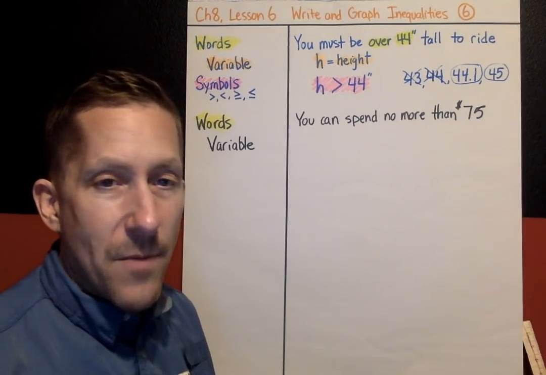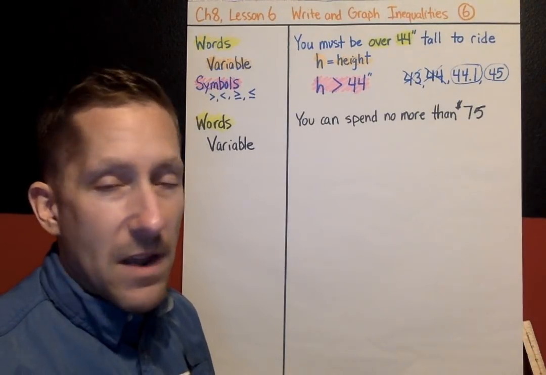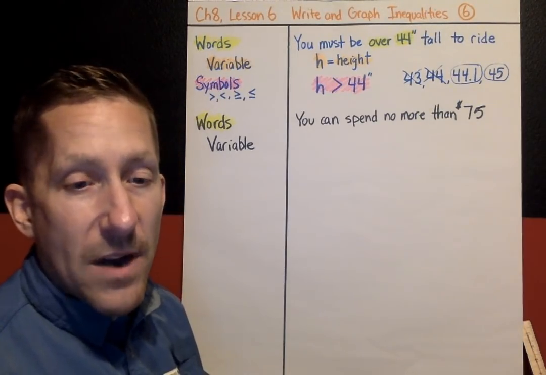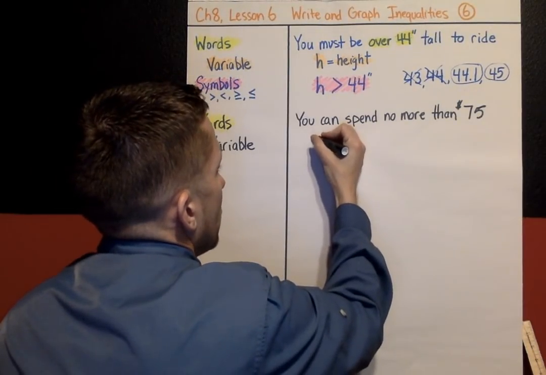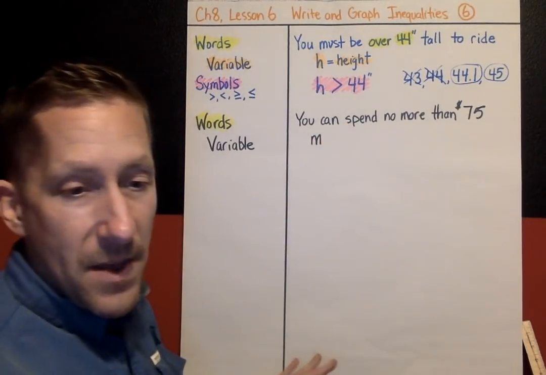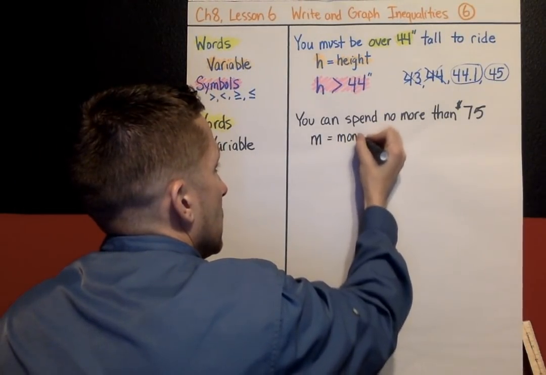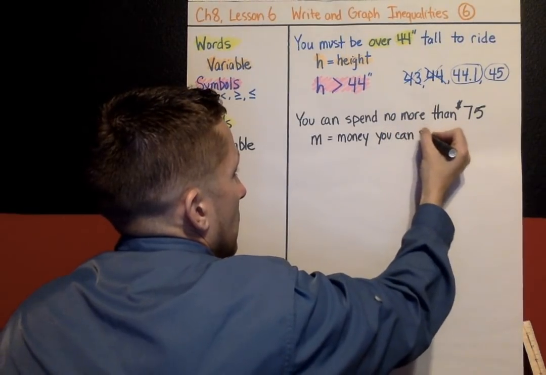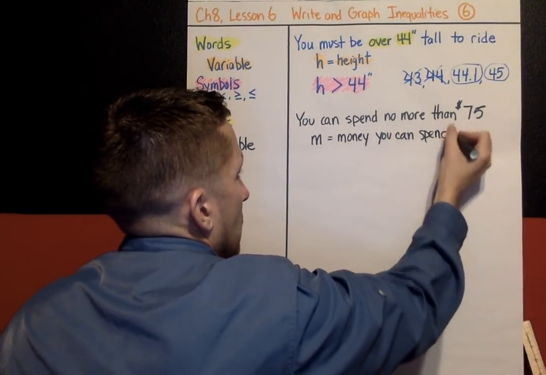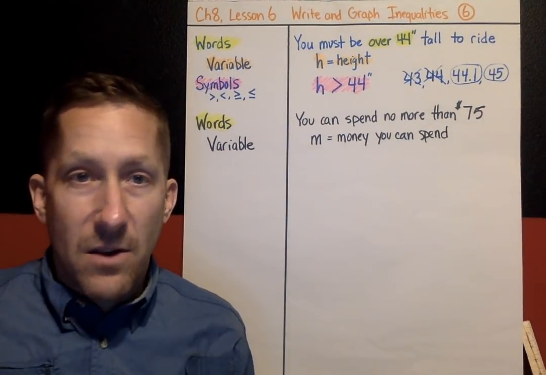You could say M for money, C for cash, G for the gift card you've got. Whatever, any letter you want as long as you define what your variable is. So I'm going to say M, and M represents the money you can spend. That's our variable.